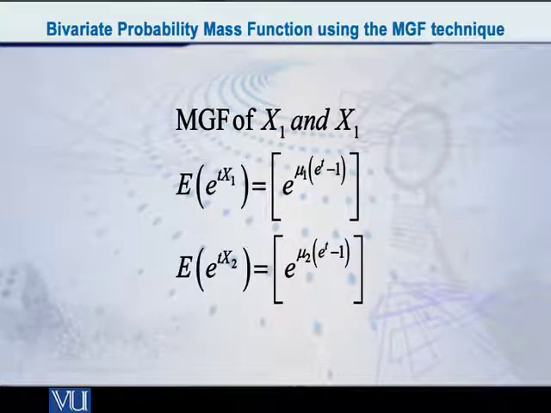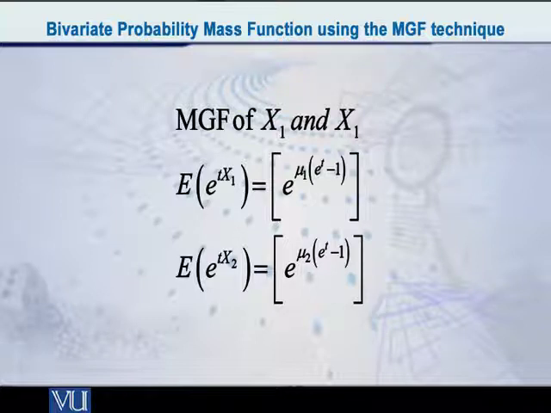अब ये जो अलग-अलग अगर मैं इनको देखूं, तो by the basic definition, the MGF of x1 is the expected value of e raised to t x1, and after solving and doing the algebra, we obtain e raised to mu1 into e raised to t minus 1. यानी पावर के अंदर we have mu1 into e raised to t minus 1.